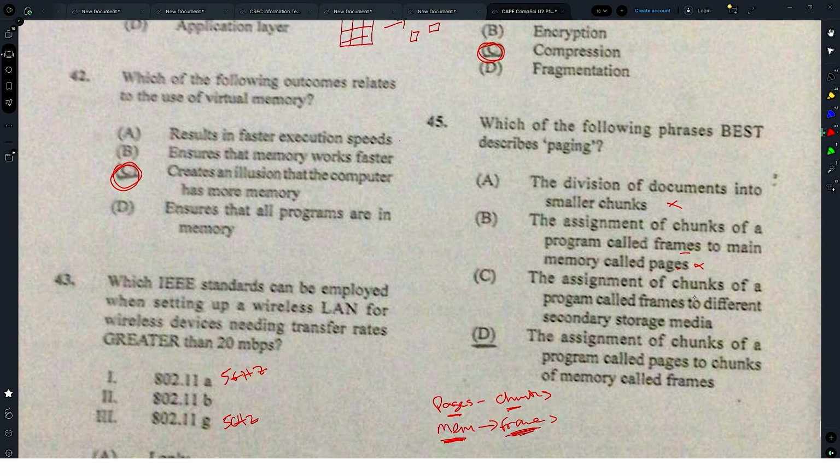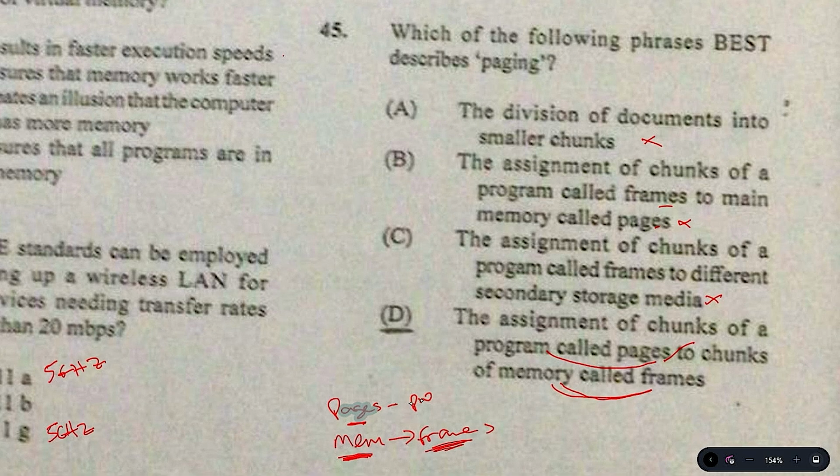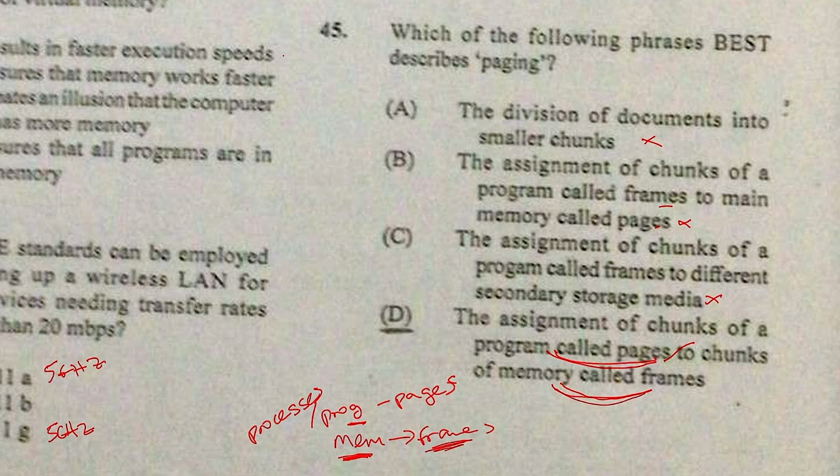Chunks of a program called frames to different secondary storage media? No. Chunks of a program called pages to chunks of memory called frames. Program to pages, and memory to frames, yeah. So programs or processes would be assigned to pages and then memory to frames. Yeah, so D. Okay, cool.